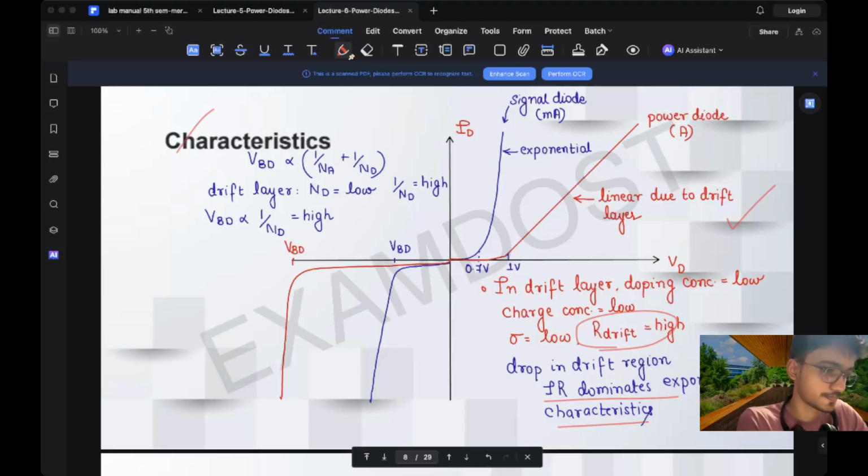What is this? So in this, what is happening? You know about sigma. Sigma is conductivity, the inverse of resistance.